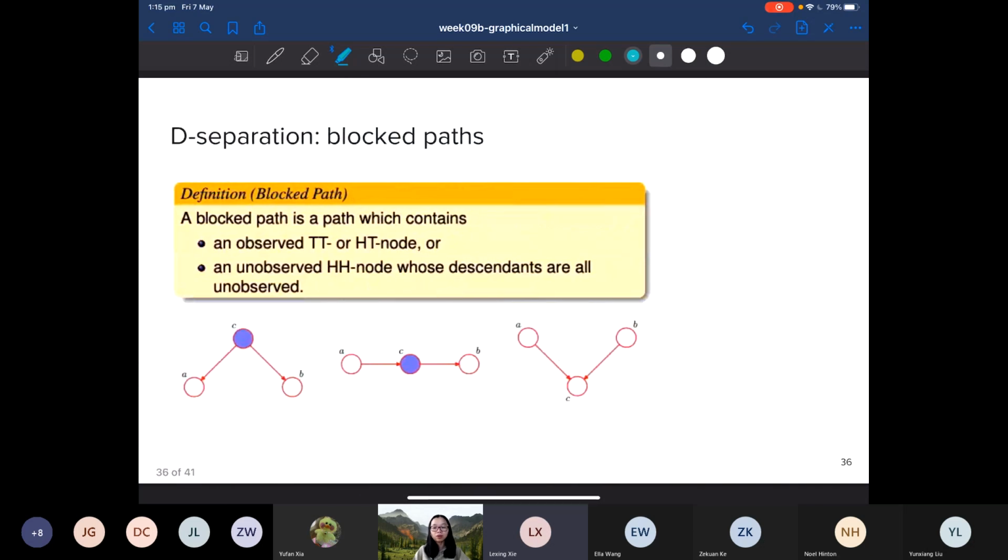And here's how we do it. We define a blocked path as essentially an observed or shaded tail-to-tail or head-to-tail node, right? Or an unobserved head-to-head node. And moreover, the descendants of this head-head node are also unobserved.